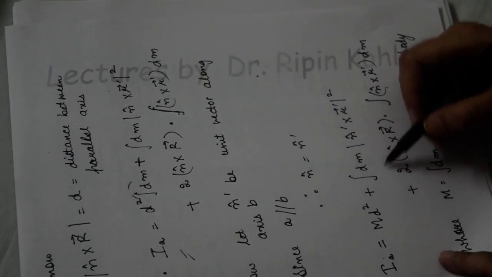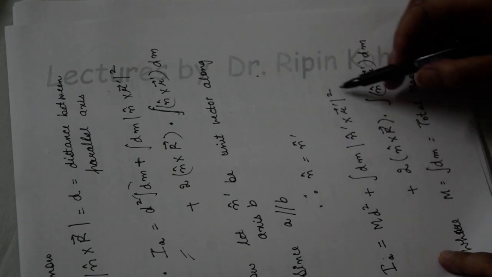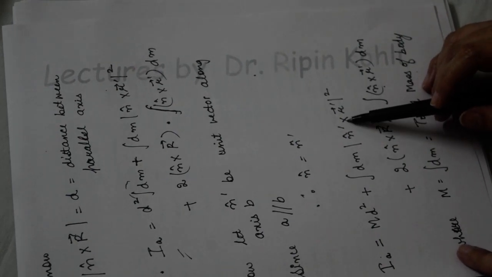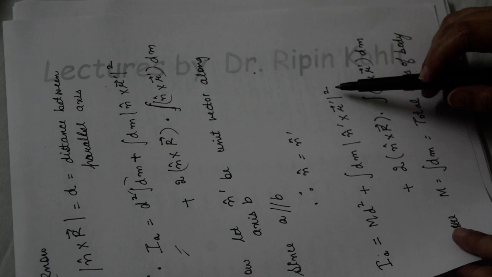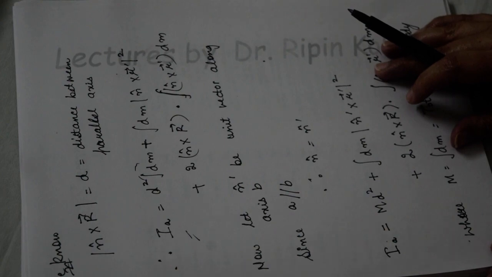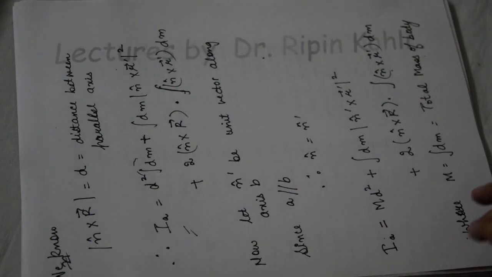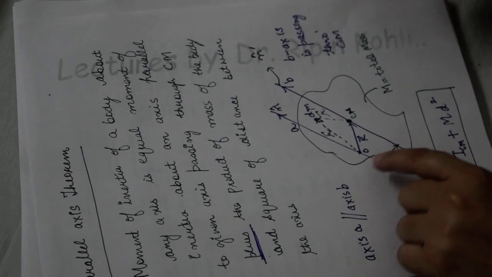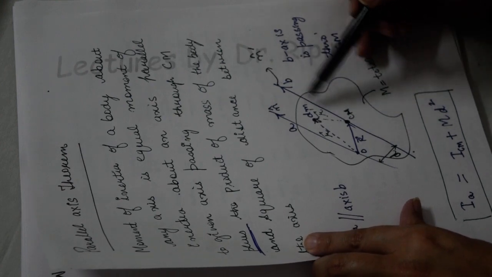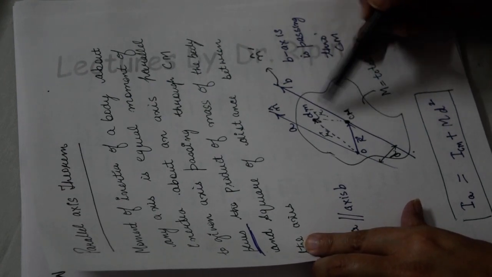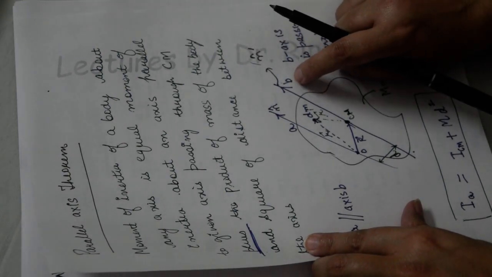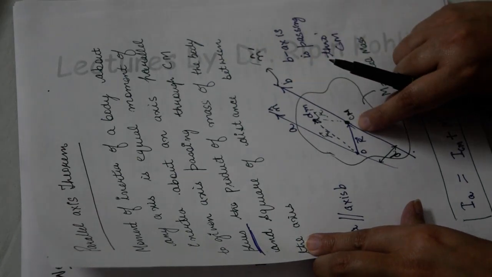Now this term, the second term on right hand side of this equation, that is integration of dm (n cap dash cross r dash) square. Basically, what does it represent? It represents the moment of inertia of a rigid body about an axis B. N cap dash is the unit vector along axis B, and remembering that axis B is passing through center of mass. I am repeating, I have considered n cap dash as a unit vector of axis B, and B is passing through center of mass.